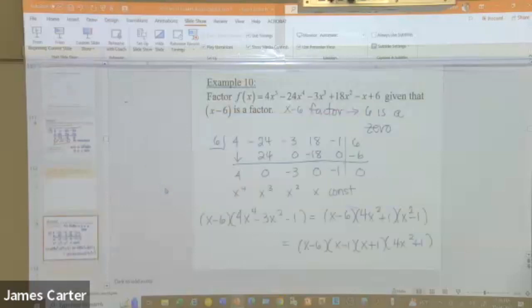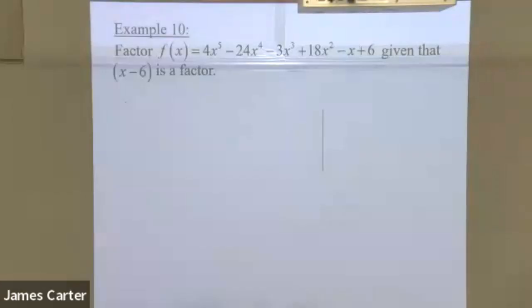Okay. Here's one. This one, they're trying to determine whether x minus 6 is a factor. Okay, fifth degree equation. So if this works, then we've reduced it to a fourth degree, which means we still got a whole bunch more work to go ultimately.